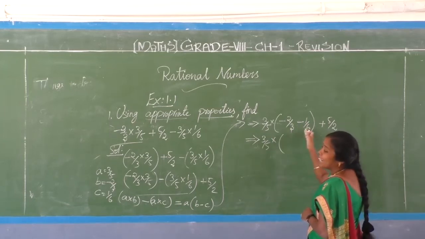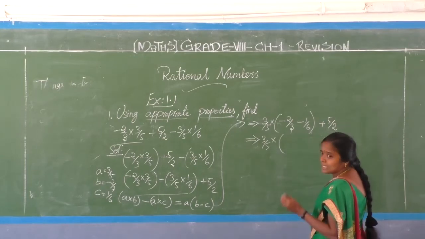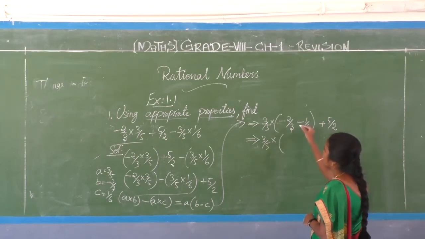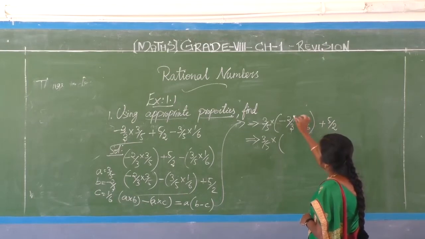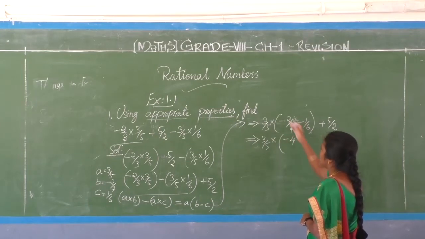3 by 5 into (minus 2 by 3 minus 1 by 6). This is a difference between two unlike rationals. Unlike rationals, how do you simplify? As usual, LCM based only. What is the LCM of 3 and 6? 6. So for getting LCM 6 here, we have to multiply by 2. Clear? That means what comes in the numerator? Minus 2 into 2, minus 4. 2 2s are 4, 3 2s are 6.